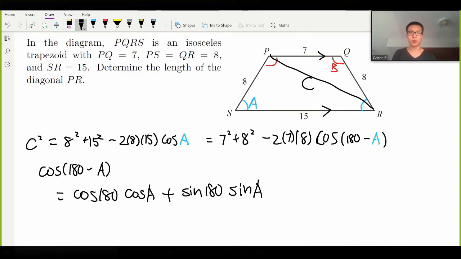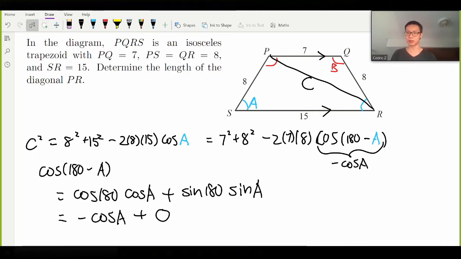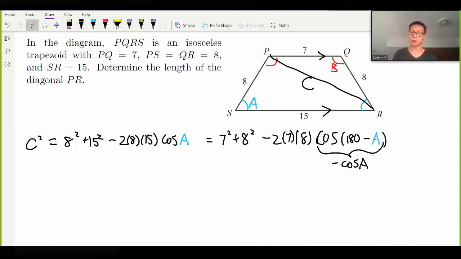We know that cosine 180, if you know the graphs, is negative 1, so this becomes negative cosine A. And sine of 180 is just 0, so the second term becomes 0. So whenever we see this, we can just replace it with negative cosine A. That pretty much clears all the obstacles.